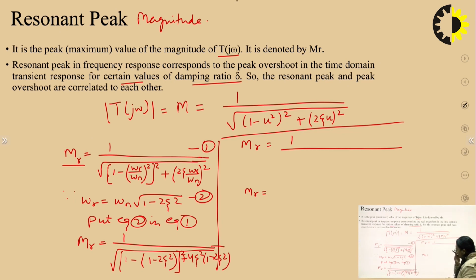Now this term is whole square, so this will be a square plus b square minus twice ab, meaning 1 minus 2 zeta square.